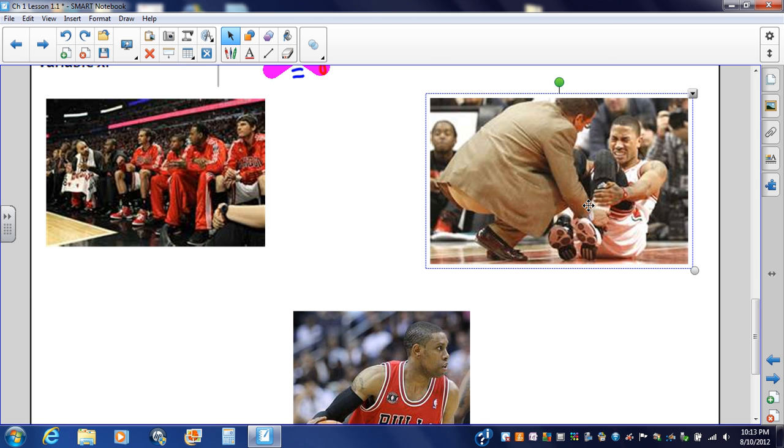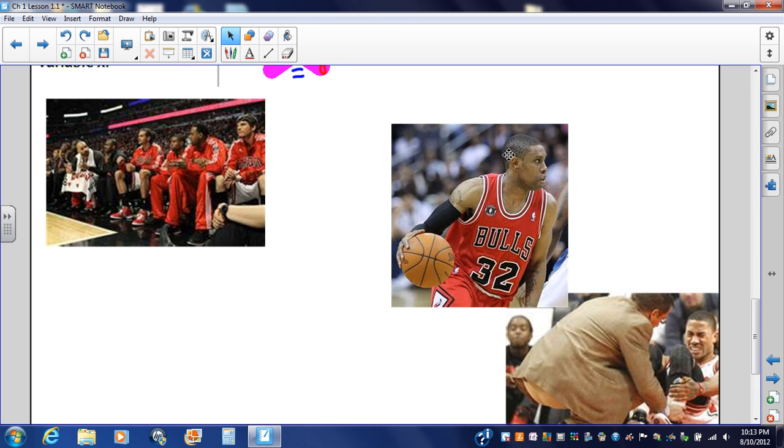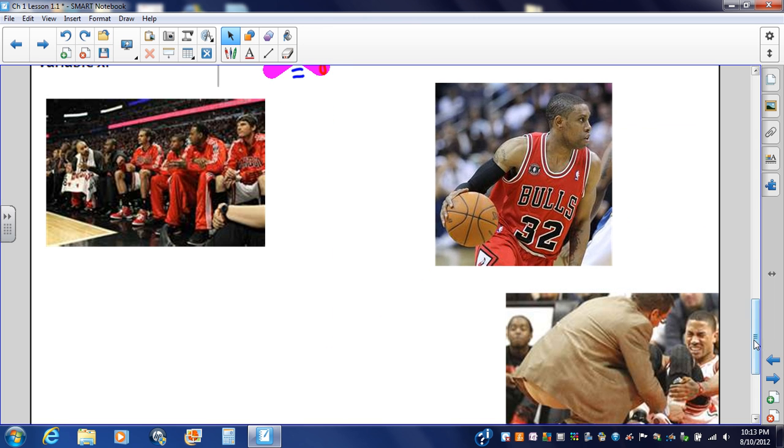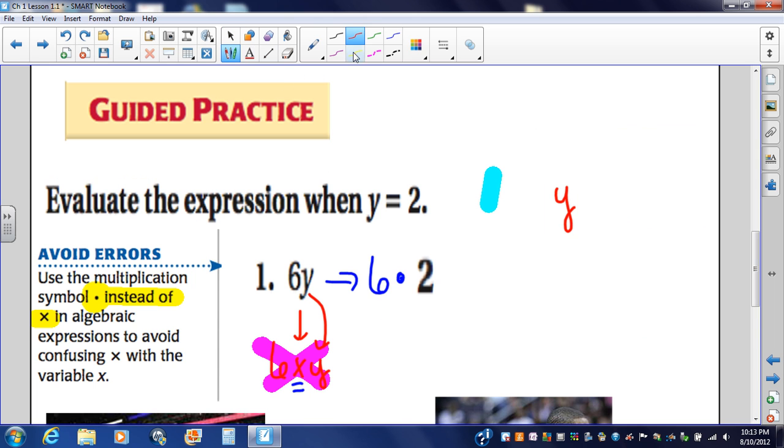So he gets hurt, he leaves the game, they substitute someone in his spot. So here we're going to substitute, we're going to take out the variable y and we're going to put 2 in his spot. Now, easy peasy, we can solve the problem. 6 times 2 gives us 12.